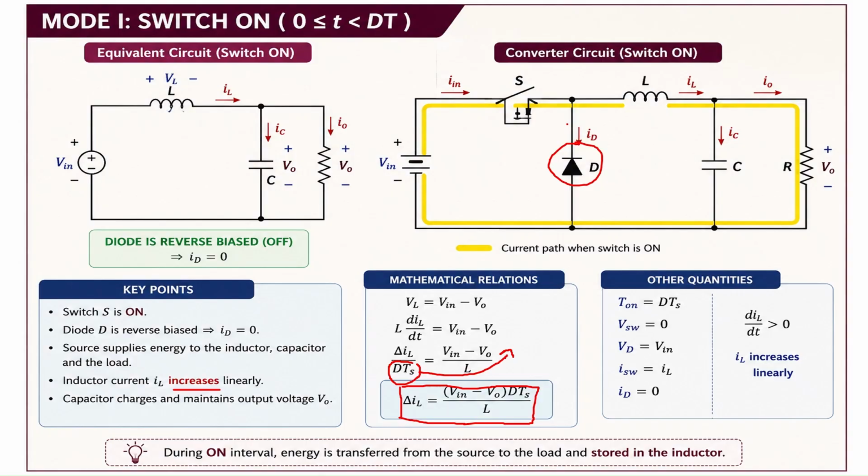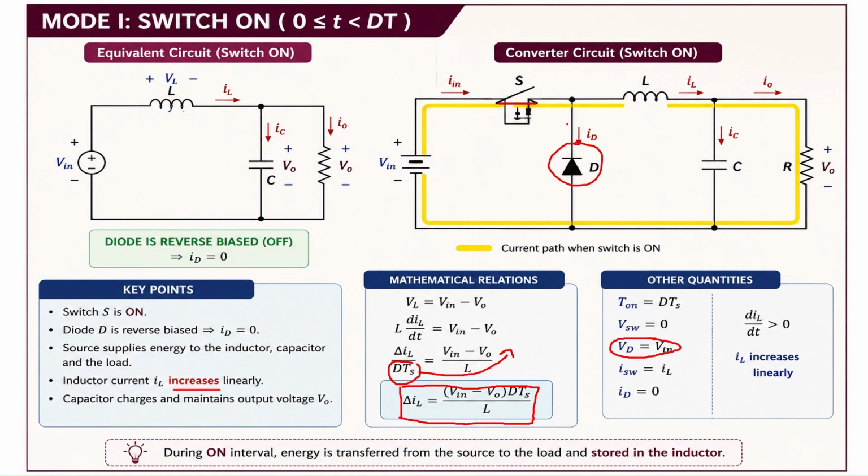Along with that, T on time is D into Ts, which we have already seen in the waveform. VSW, the voltage across the switch, will be 0, because the switch is short circuited. VD is the voltage across the diode.